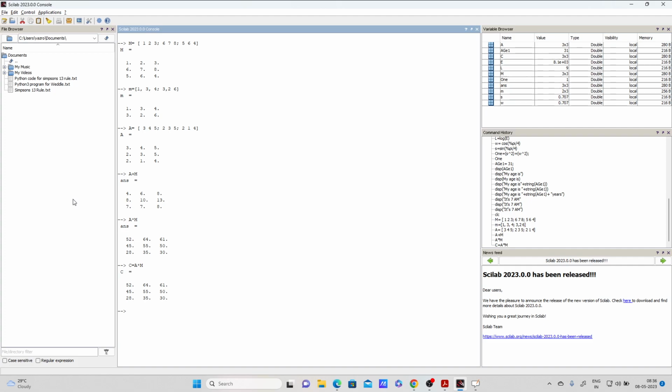Now why did I do this? To define B equal to C minus m star A, we'll just check commutativity here.